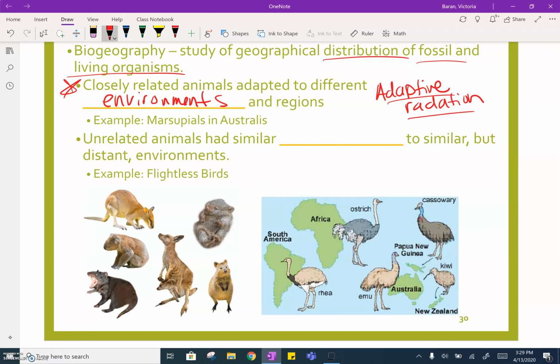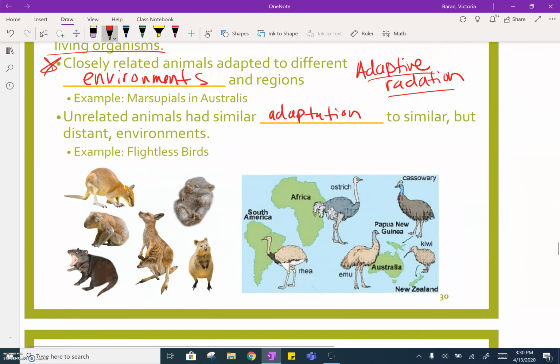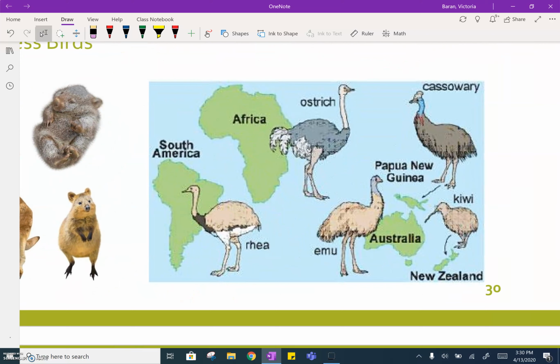Another example is that unrelated animals can have similar adaptations to similar but yet distant environments. So flightless birds are an example of this. So these birds are all found on different continents.